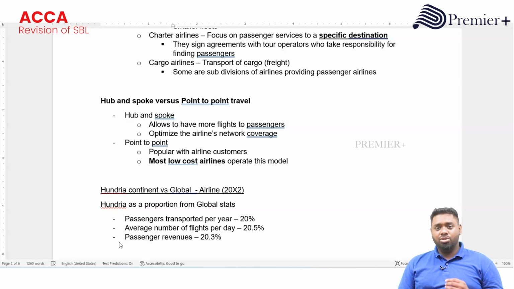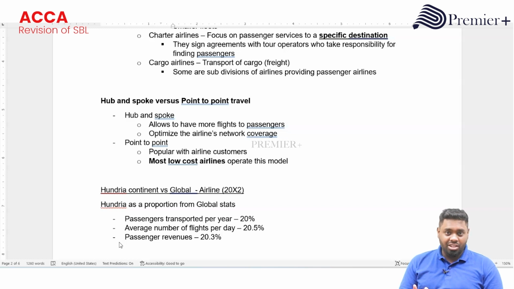But when it comes to Coges, since this company is focusing on cost leadership, to reduce costs they basically target using point-to-point travel, which is also one of the reasons why passengers love this company, because if there's a flight from Coges, that means yes, you can go to the destination directly.